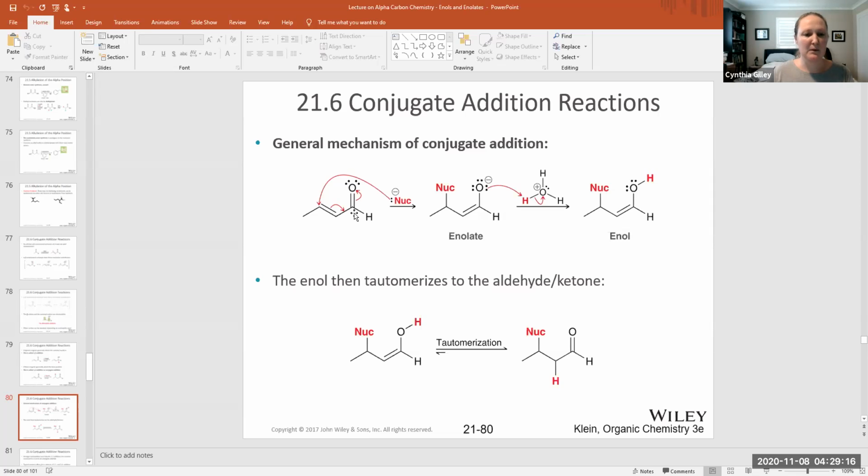And in fact, it probably attacks at position 2 initially in greater amount than position 4. And the reason for that is because position 2 is more electrophilic. And not only does it have a partial positive charge, but it's also closer to the electronegative oxygen atom.